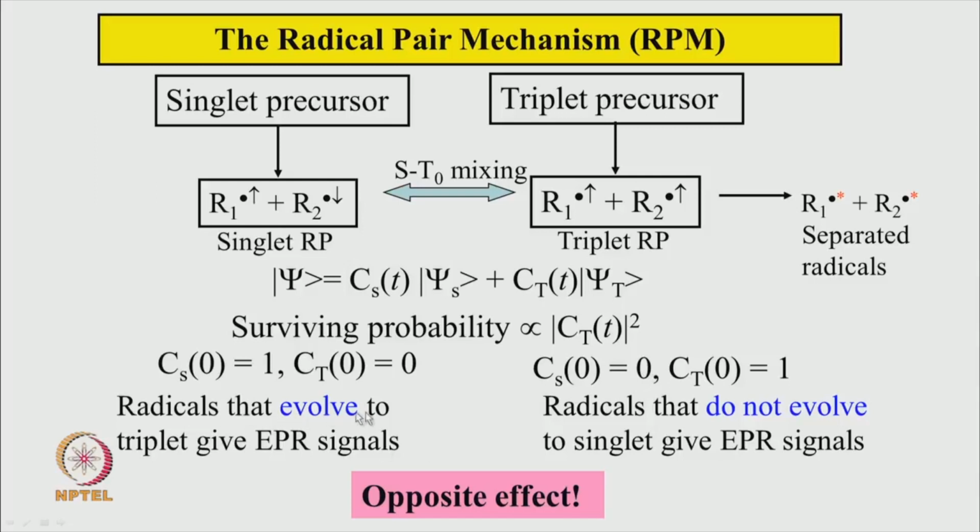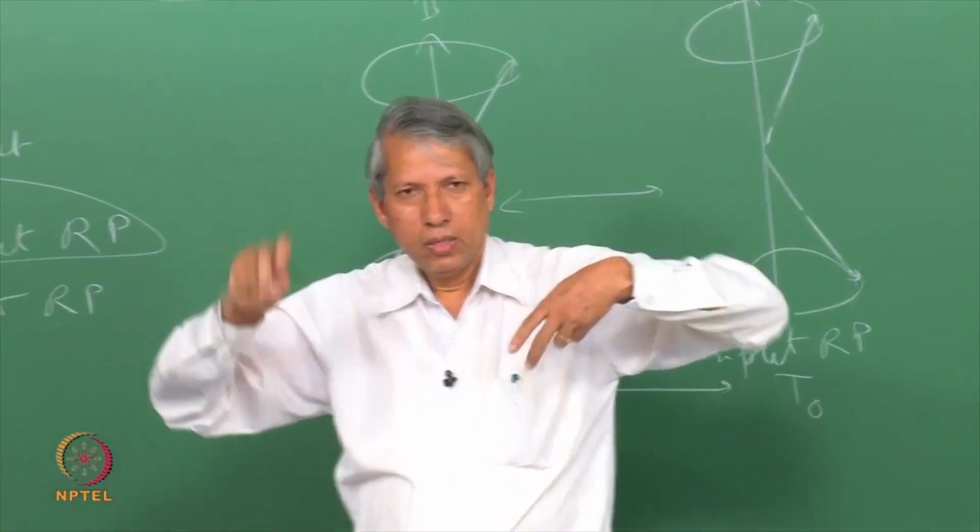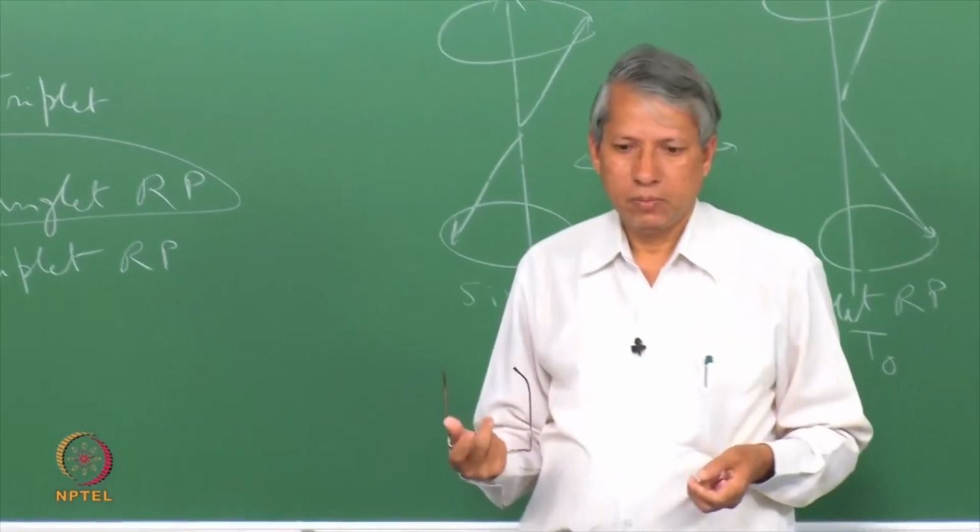Here, radicals that evolve to triplet give the EPR signal, and here radicals that evolve to singlet give the EPR signal. You see exactly the opposite effect everywhere, and that is what we see in the experiment also: when the singlet state reacts we get one type of behavior, and when the triplet reacts we get the other type of behavior.